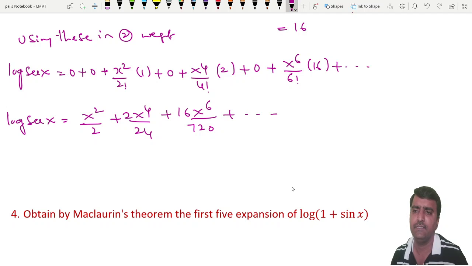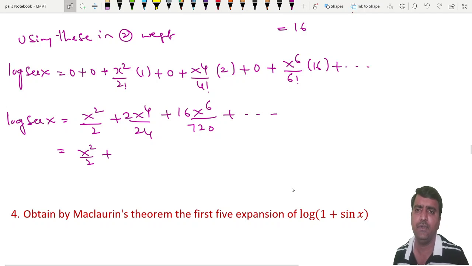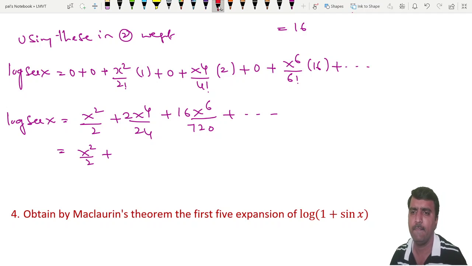Plus and so on, which is equal to x square by 2 plus, you can cancel 2 and 12, 2 ones are 2, 2 6s are 12. Similarly, you can cancel 16 and 720 by using 8: 8 2s are 16, 8 9s are 72, so it is 90.